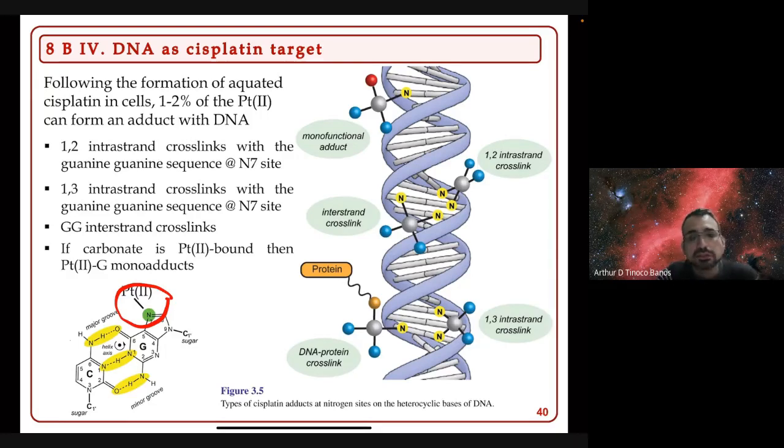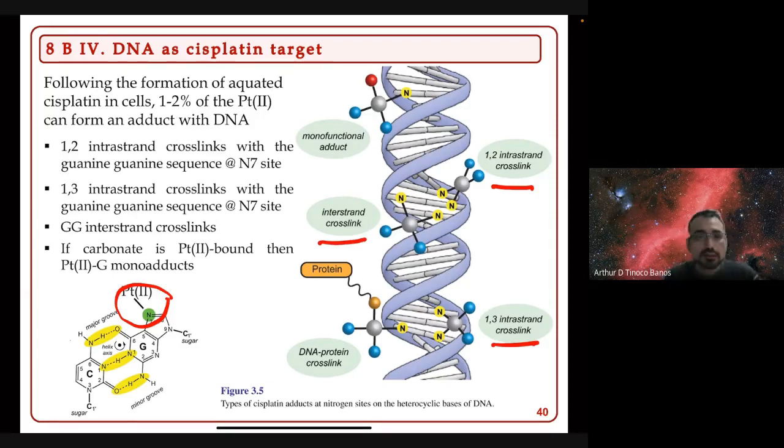There's speculation as to different types of metallation that can occur. You have proposed 1,2 intrastrand crosslinks, 1,3 intrastrand crosslinks. You even have suggestions of interstrand crosslinks.